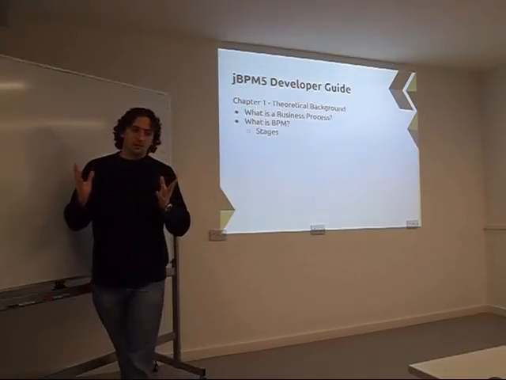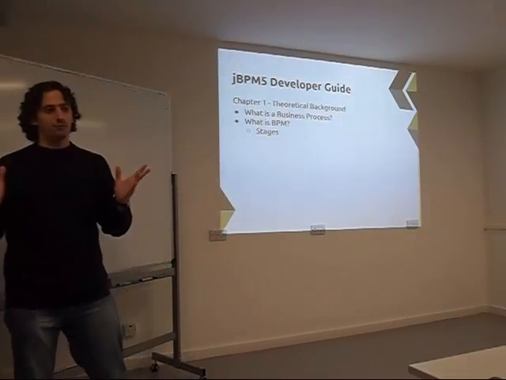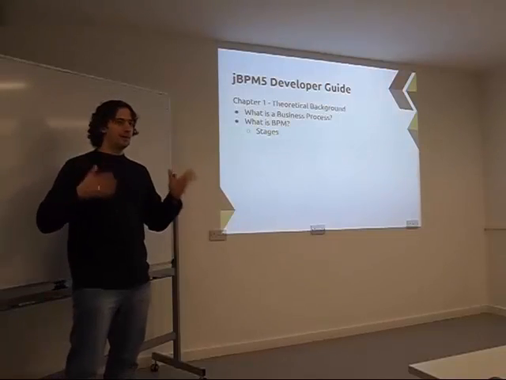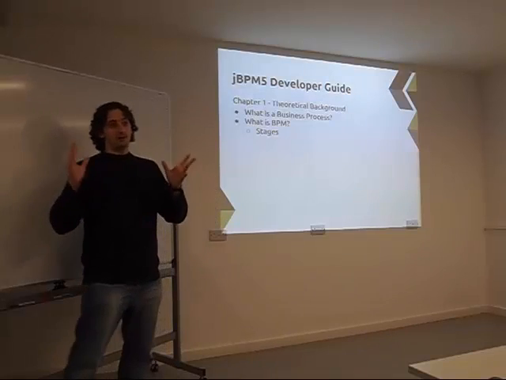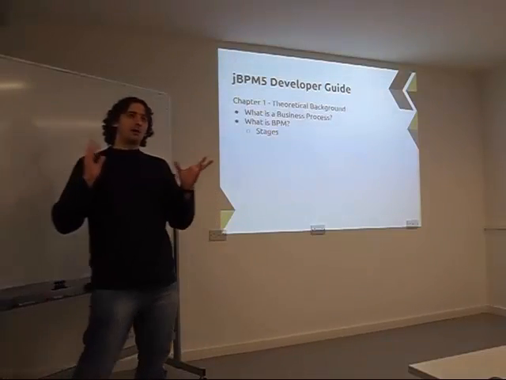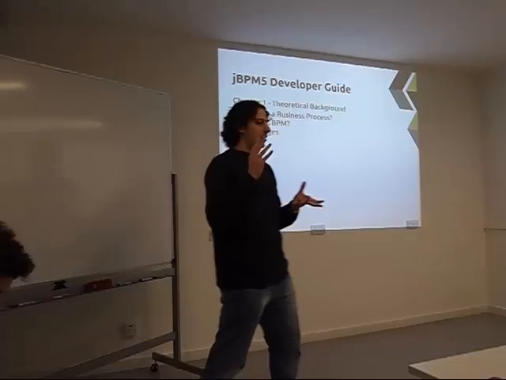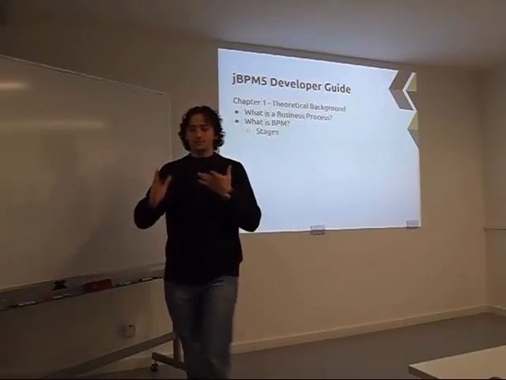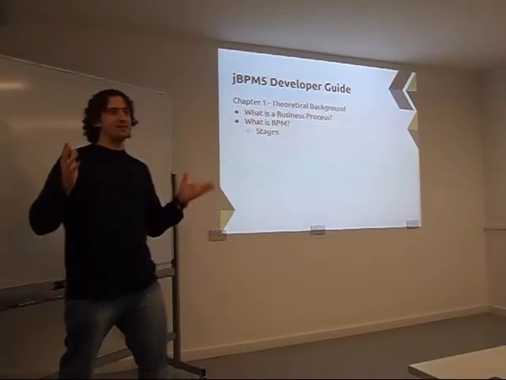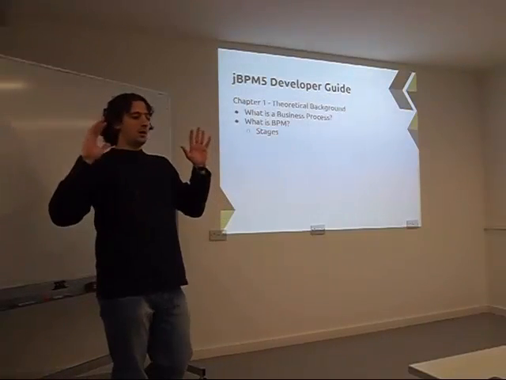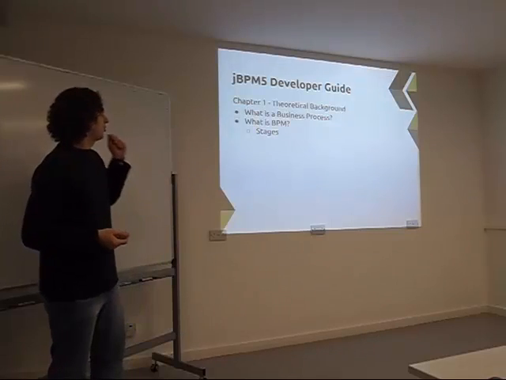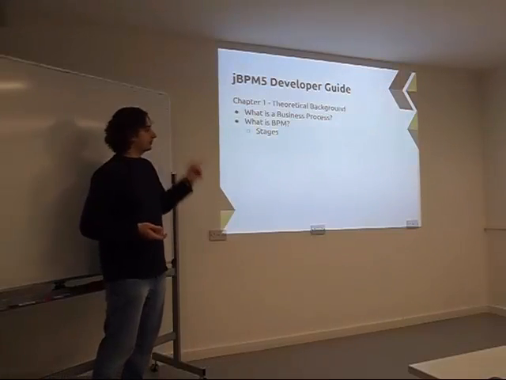We saw that a lot of the questions that appear in the mailing list or in the forums are not technical questions, but questions about how to implement something, or problems people are having because they don't understand the idea behind JBPM5. They are more conceptual questions. So we decided to write this chapter.